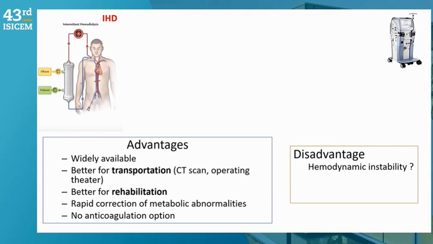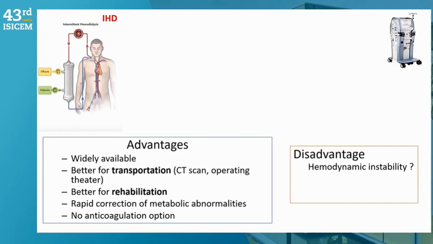It's better for rehabilitation, and this is absolutely not a detail. We know that rehabilitation is associated with better outcome for our patients in the ICU. It allows a rapid correction of metabolic abnormality, and you have the no anticoagulation option. But the disadvantage, yes, is possibly the hemodynamic instability.